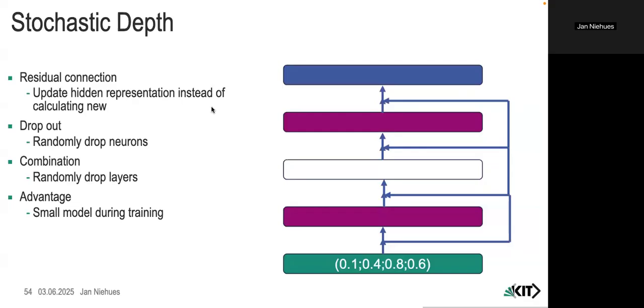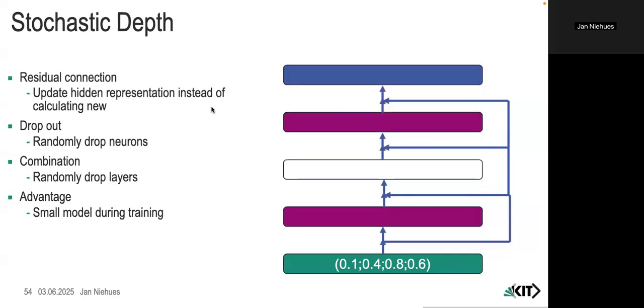If you don't have one, the output would not be connected to anything before, or they might have learned something very different. If you only learn to change things, you keep the information by just copying things over. So you can do stochastic depth, where you blank out complete layers and train them.